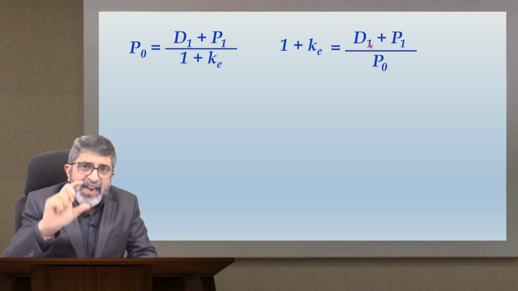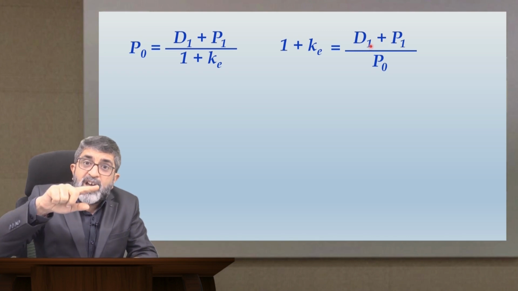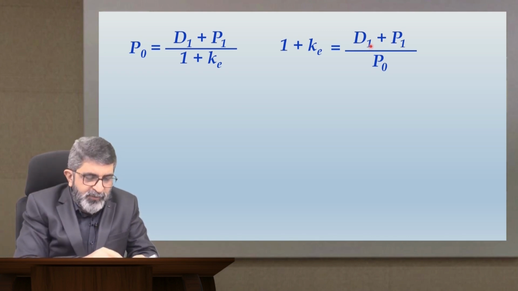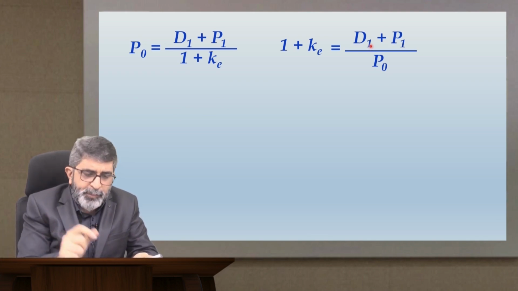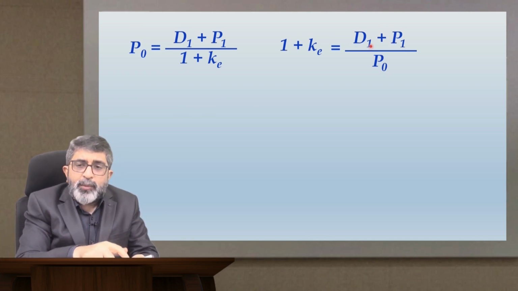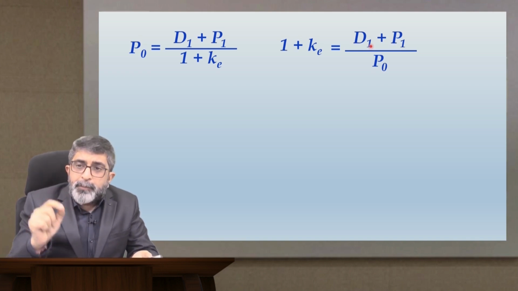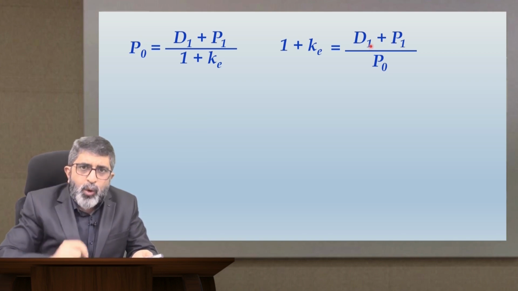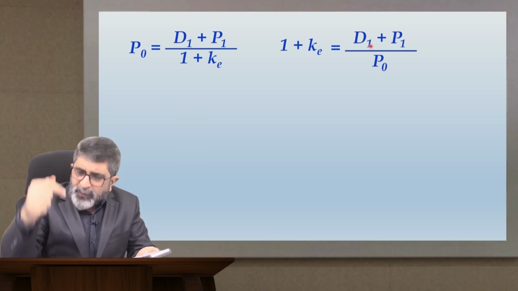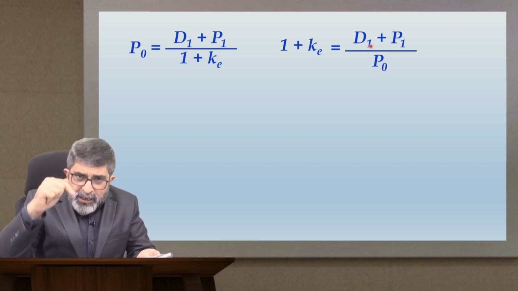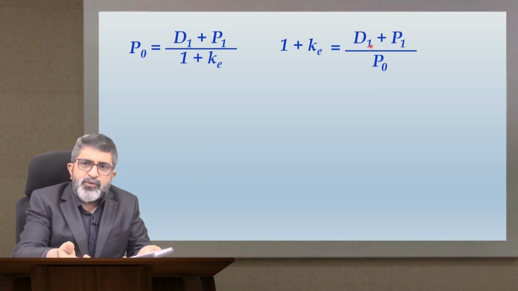So if I take the ratio of D1 plus P1, the end of the year value 345, divided by 276, the beginning of the period value, what I get on my calculator is 1.25. Means every dollar invested now will become $1.25. Every rupee invested now becomes rupee 1.25 after 1 year. Every euro invested now becomes euro 1.25 after 1 year.